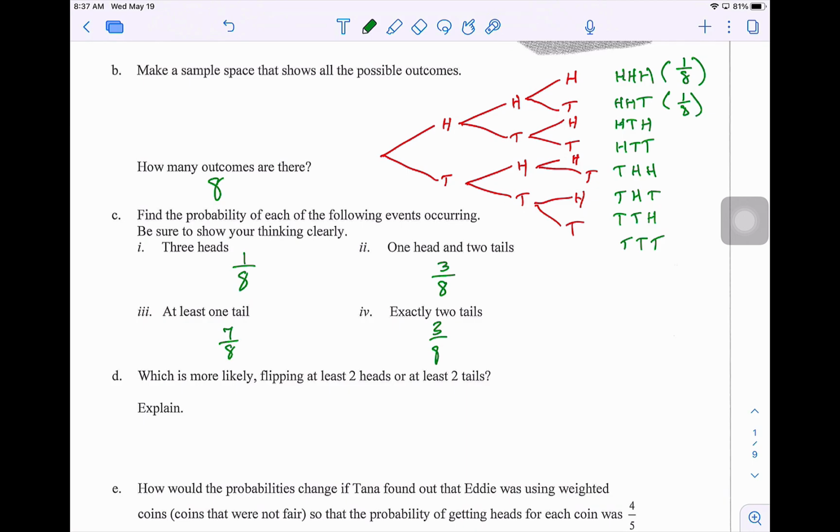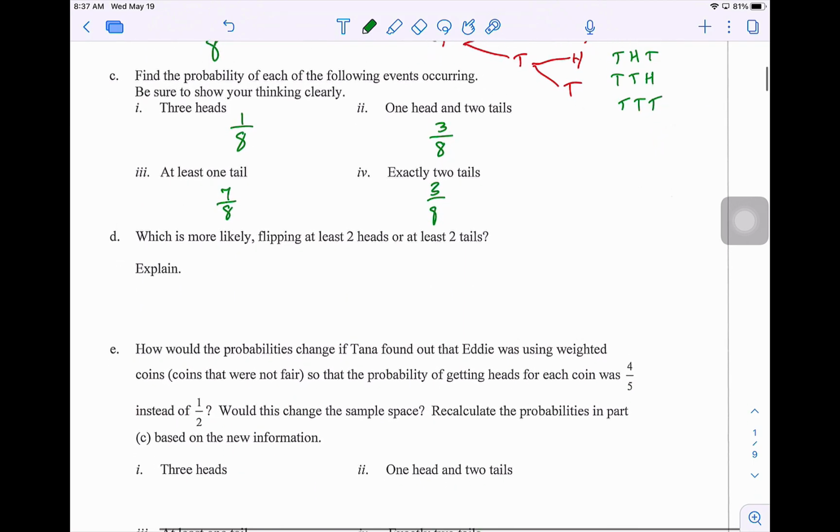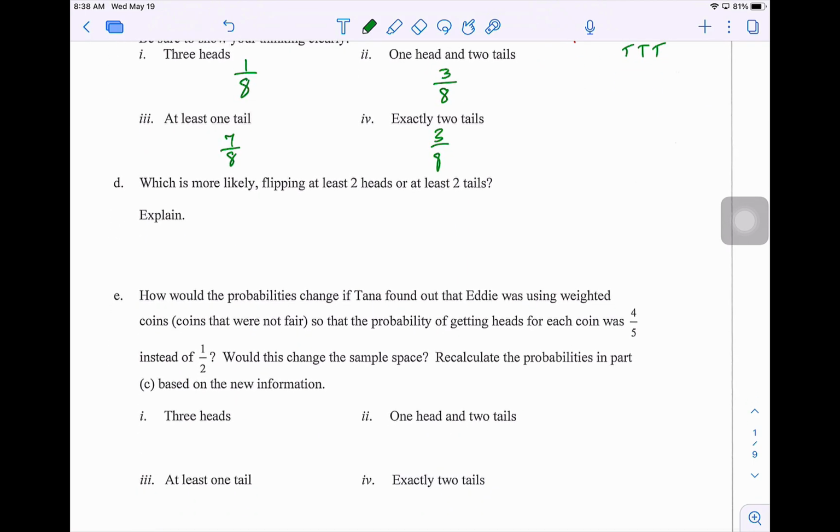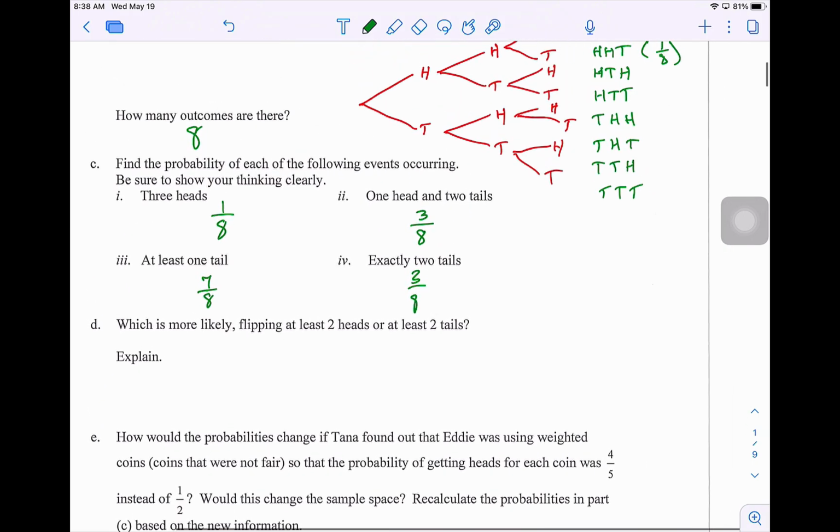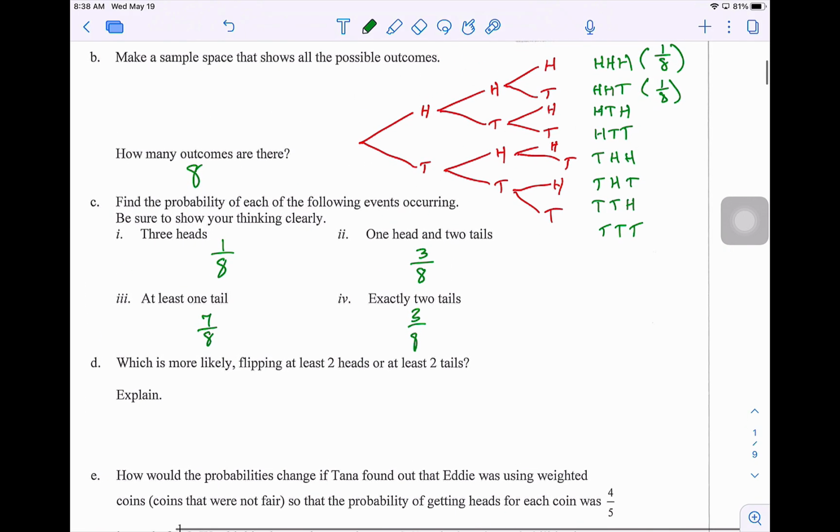Okay? Then when you get down to part D, they say which is more likely, flipping at least 2 heads or at least 2 tails. So even that, we can go back and take a look. At least 2 heads, that means 2 or 3. So there's 1, there's 2, there's 3, there's 4.